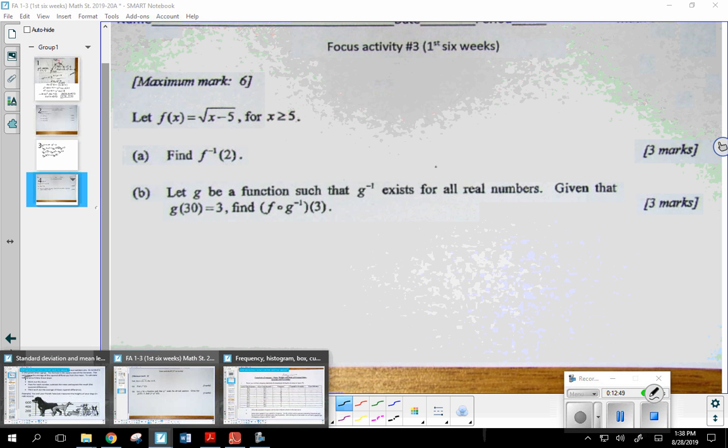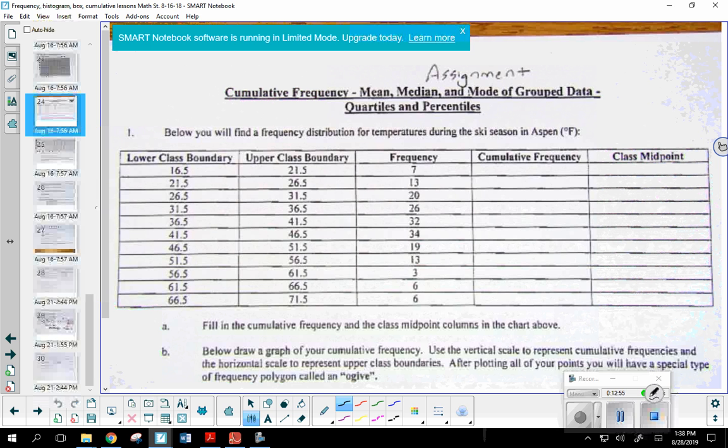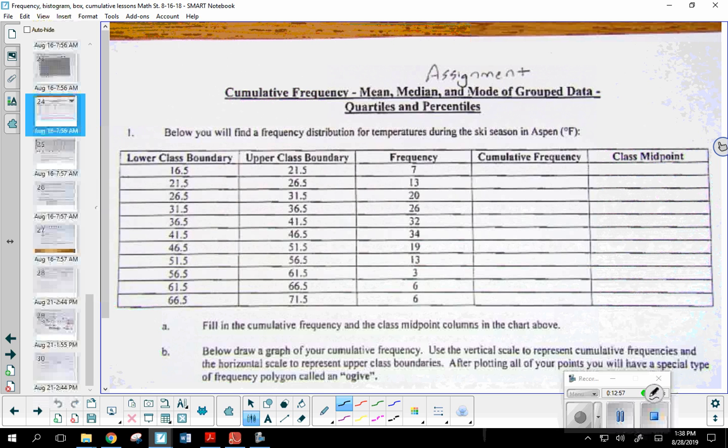Okay, so before we move on to standard deviation, let's see here. Did we have any questions on the assignment? Any questions on cumulative frequency that you would like to ask?